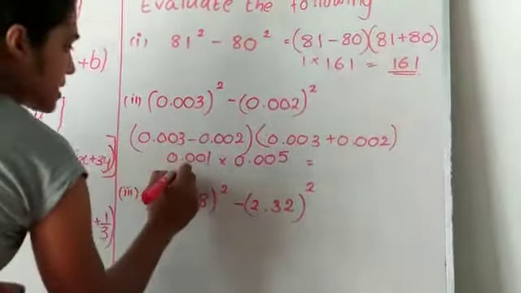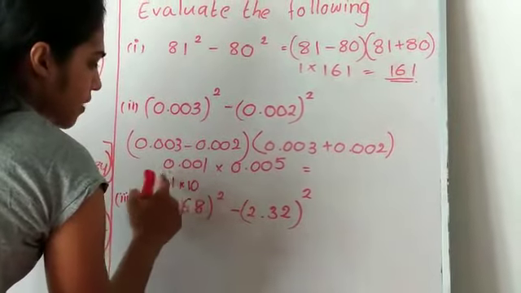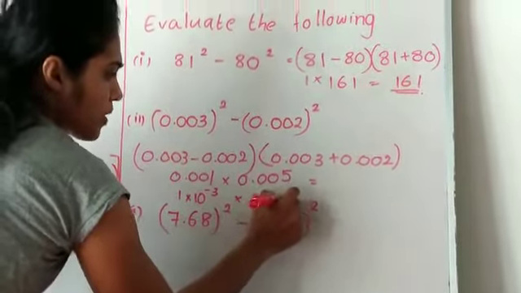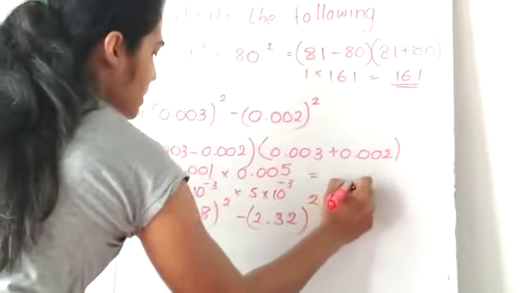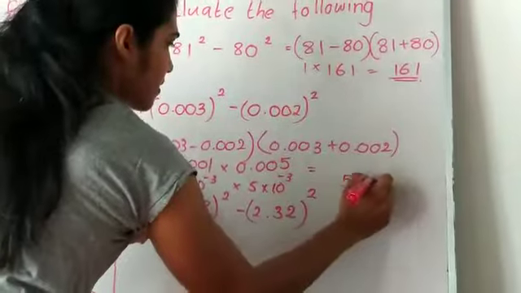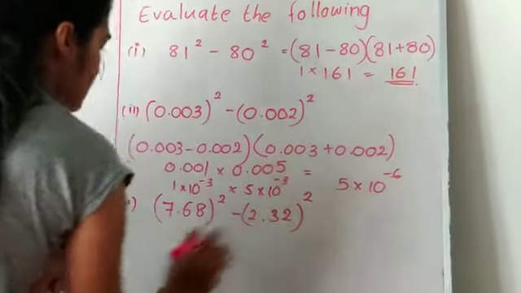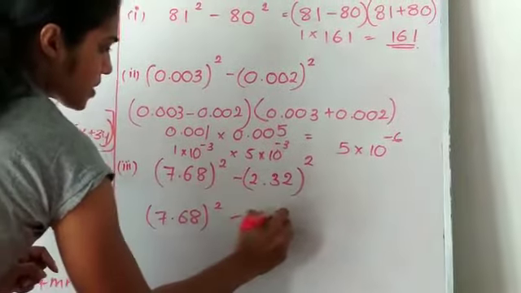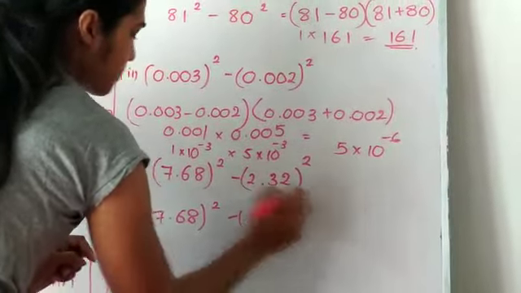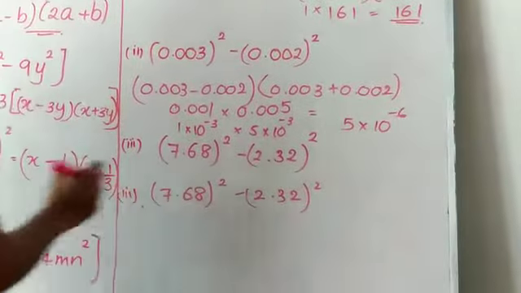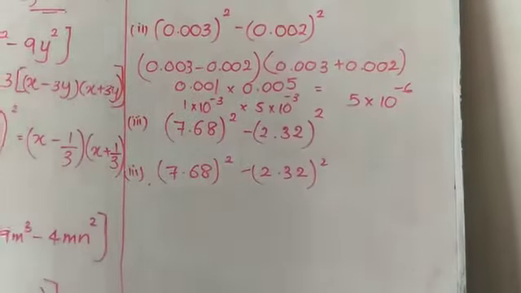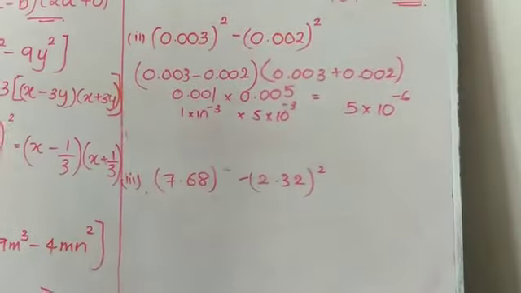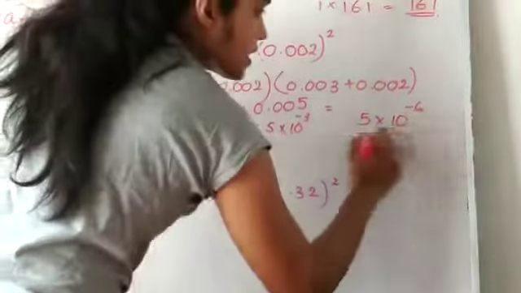I can rewrite this as 1 into 10 to the power minus 3, and this is 5 into 10 to the power minus 3. So I can rewrite it as 1 into 5 is 5, 10 to the power minus 6. I will bring this question down simply because I don't have enough space here. Okay, so for this part, this is my answer.